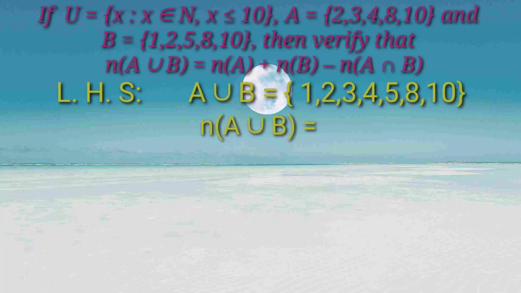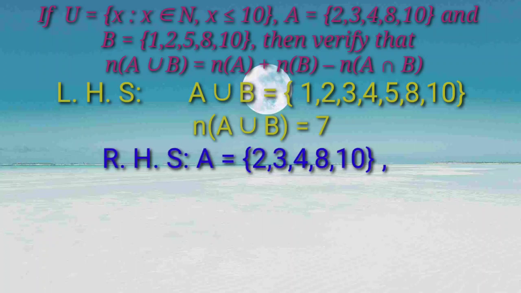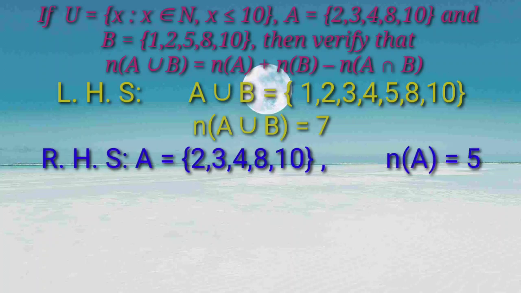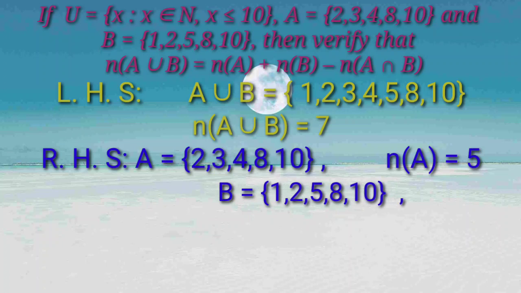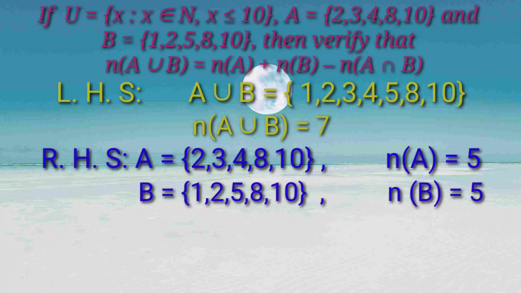Then to find the right hand side, we have to get the values of n(A), n(B) and n(A ∩ B). Here A = {2, 3, 4, 8, 10}, so n(A) = 5, and set B contains 1, 2, 5, 8 and 10, so n(B) = 5.